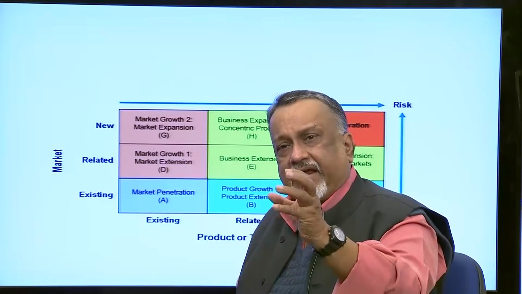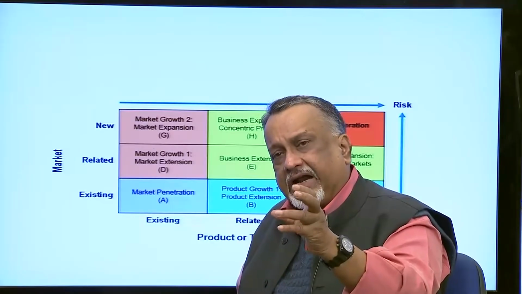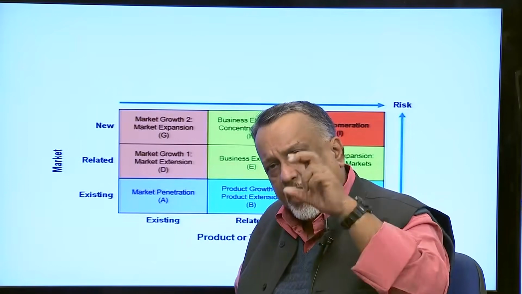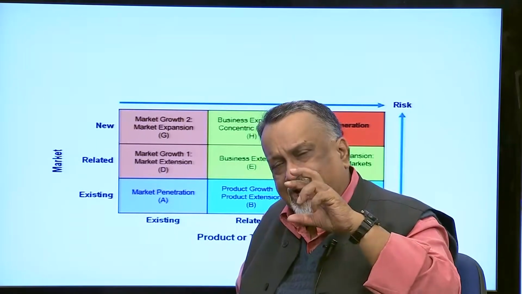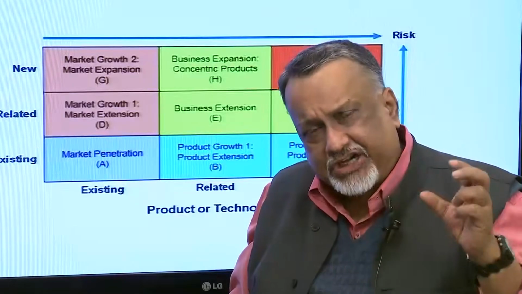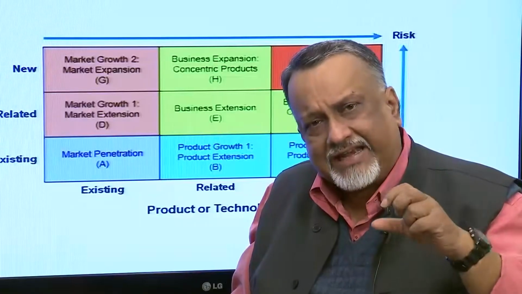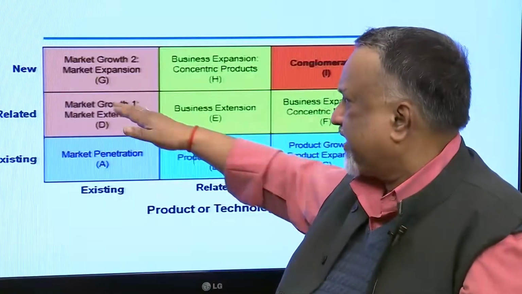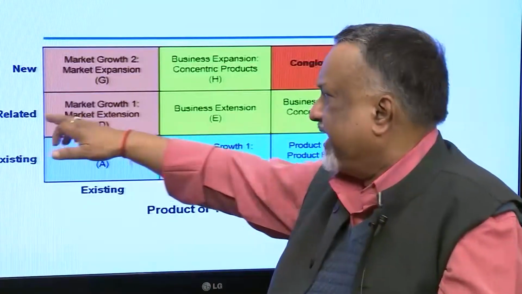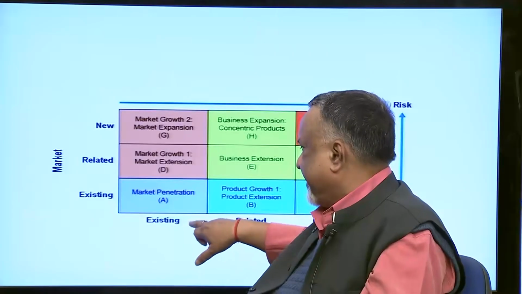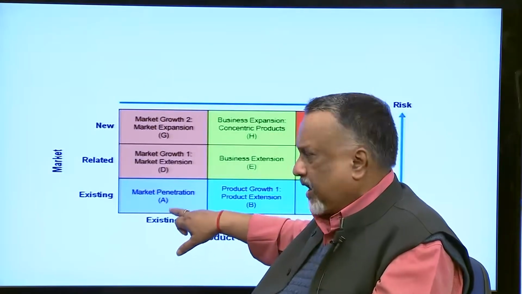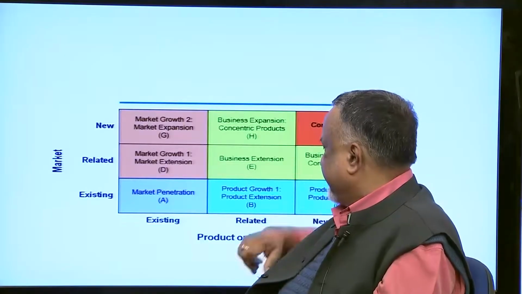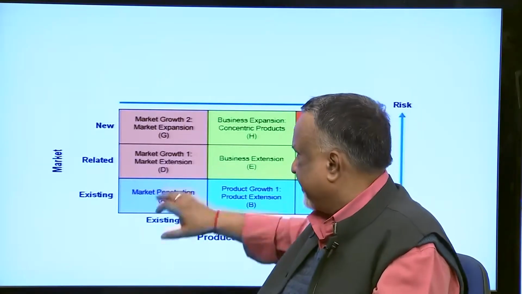Sometimes it can be products which are independent products in their own right, but in relation to your original product line, it can create some new sets of values. That is also a kind of related market with existing product or a related market with a related product opportunity.